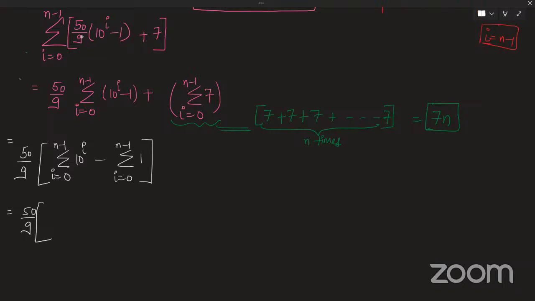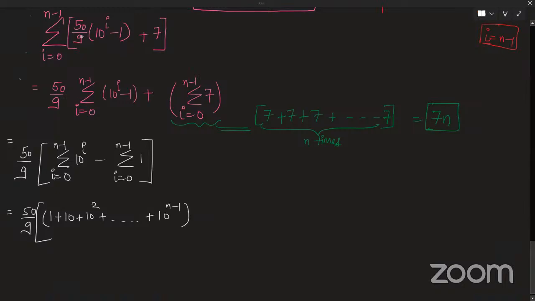Correct, GP. So tell me, what are the terms of the GP? 1, 10, 10 raised to 2, plus 10 raised to 3, up to 10 raised to n minus 1, right?